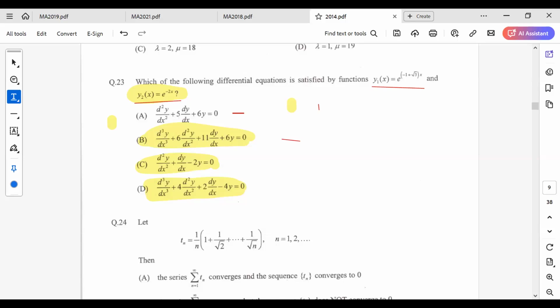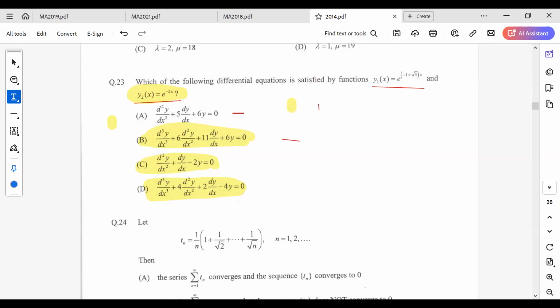This is C1 e raised to -2x plus C2 e raised to (-1 plus √3)x plus C3 e raised to (-1 minus √3)x. Hyperbolic, no need to write. You write like this only.